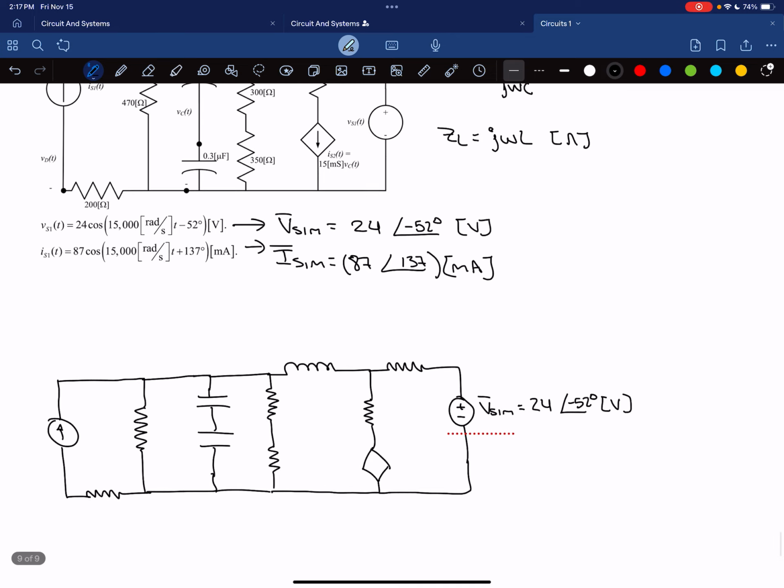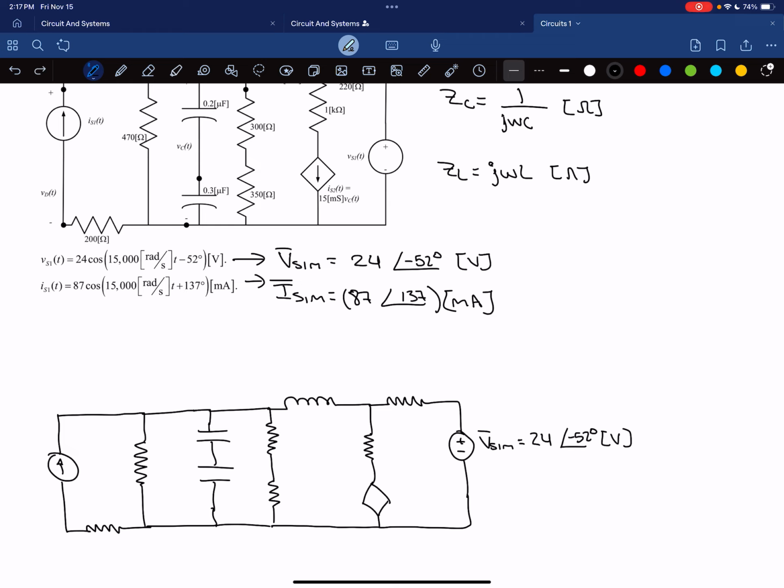This one right here is going to be 87, angle 137 milliamps.